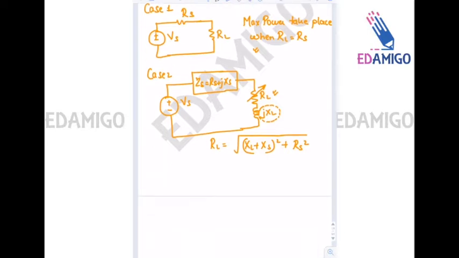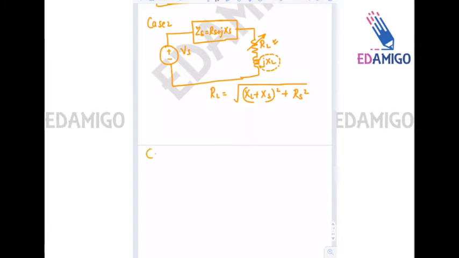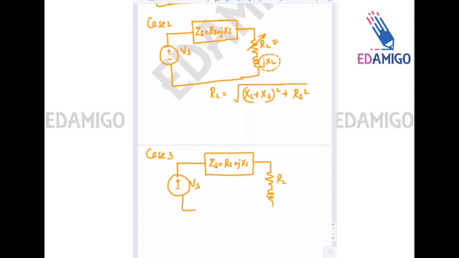Now let's look at case 3, where we have source voltage Vs, impedance of the source that is Rs plus jXs, and the load RL plus jXL.